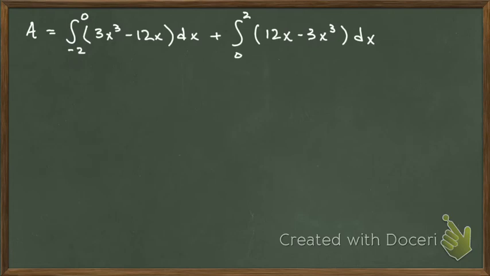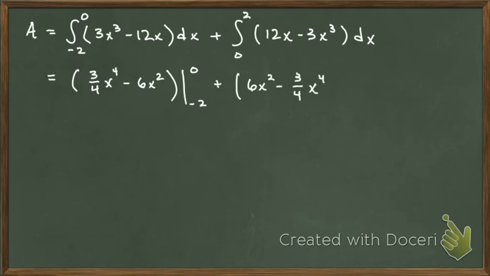I'm just going to now find the antiderivatives, use the fundamental theorem of calculus, and plug in those numbers. Okay, so the antiderivative, that first integral becomes 3/4 x to the 4th minus 6x squared, evaluated from -2 to 0, plus that second integral is going to give me a 6x squared minus 3/4 x to the fourth. Okay, when I evaluate that first antiderivative at the upper limit of integration, that 0, I don't really get anything, right?